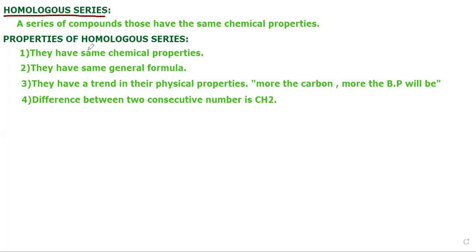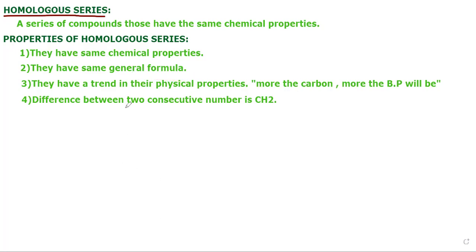Well, homologous series have some properties. Basically, they have four main properties. Number one, they will have the same chemical properties according to the definition. Number two, they are going to have the same general formula.